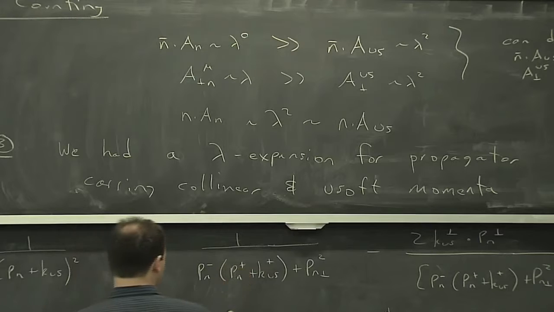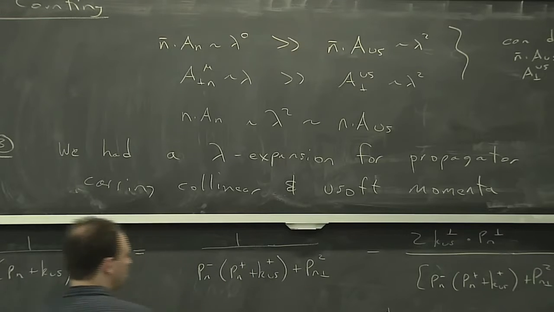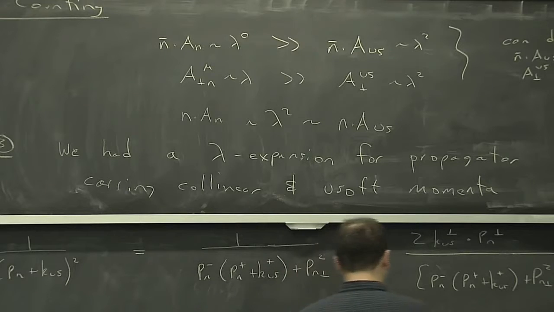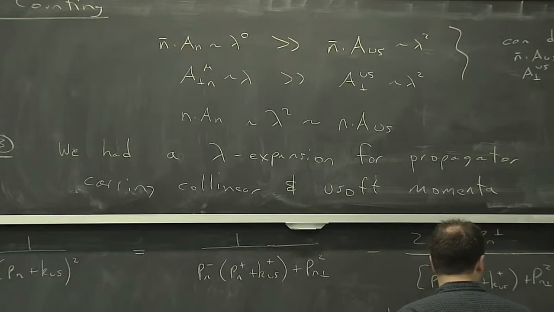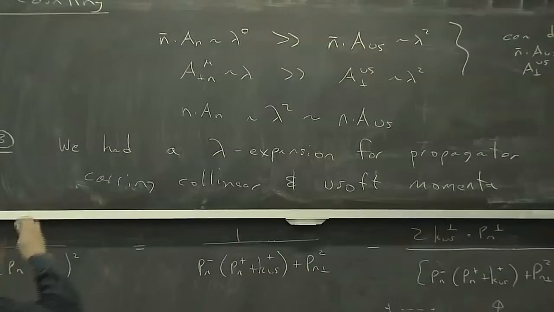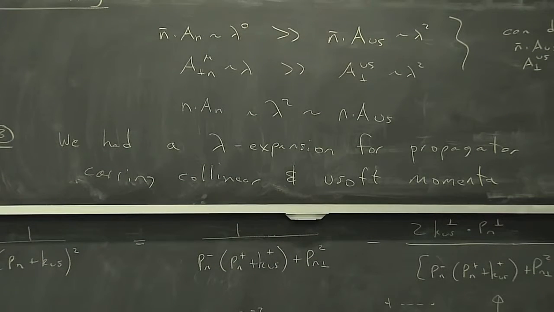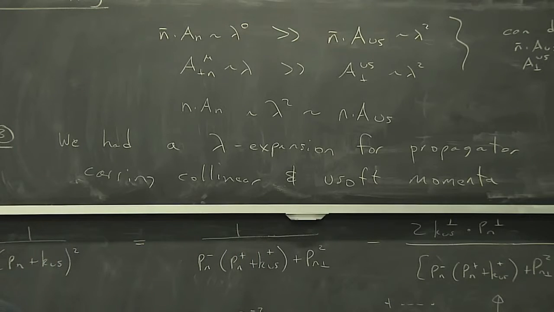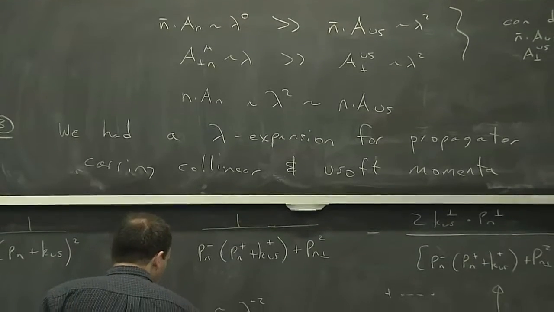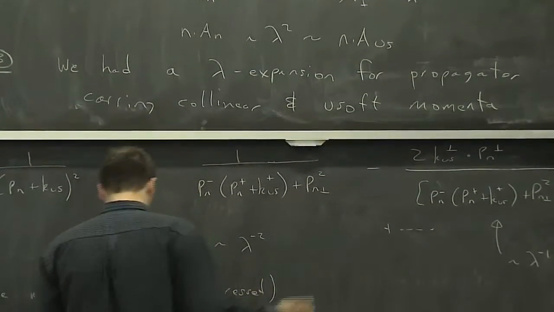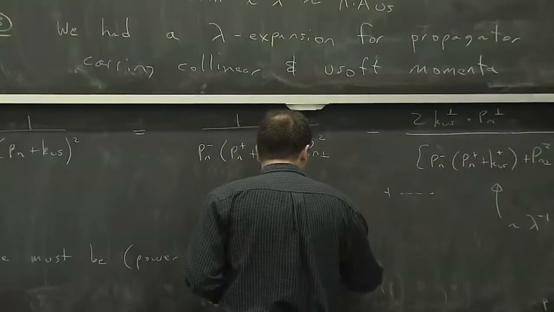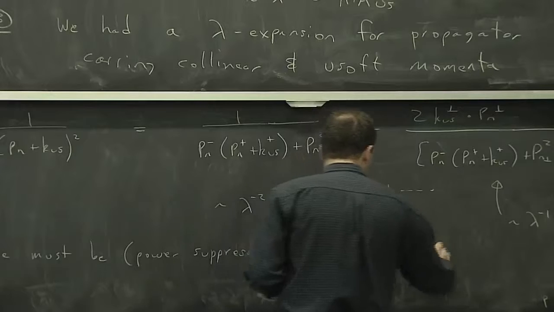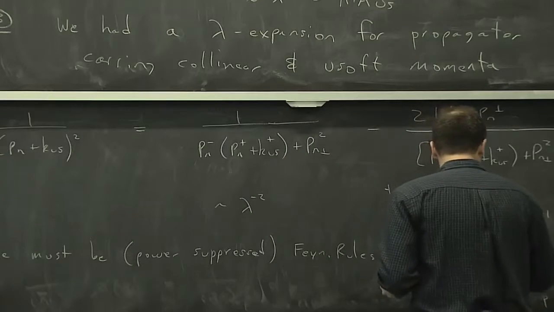So if we think about the power counting of these, this guy is lambda to the minus 2, and this guy is lambda to the minus 1. Okay, so there has to be something in the effective theory that at higher order will reproduce this second guy. So there will be some power suppressed Feynman rule in SCET to reproduce this second term.